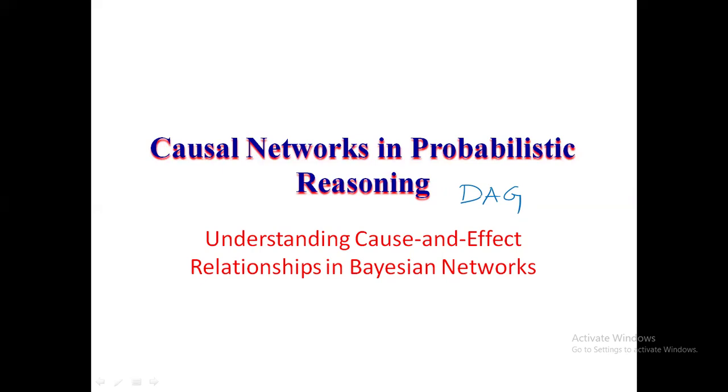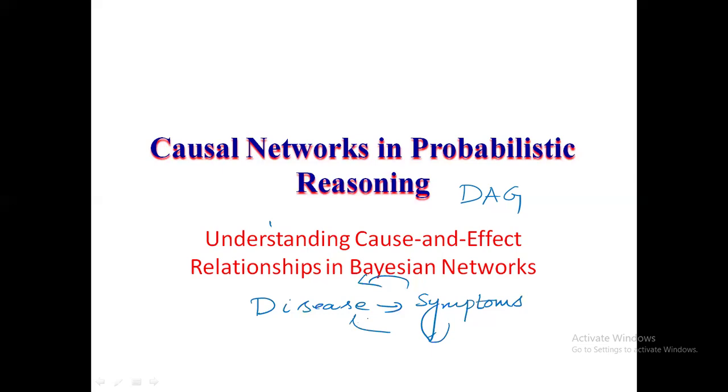Say, for example, if you are taking medical diagnosis, the variables are disease and symptoms. Based on the symptoms, we can identify the disease, or if we know the symptoms, we can say what type of disease it would be.